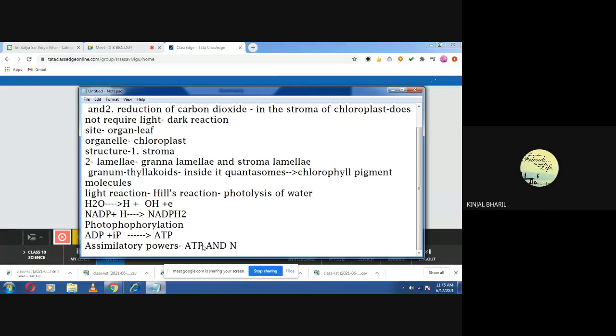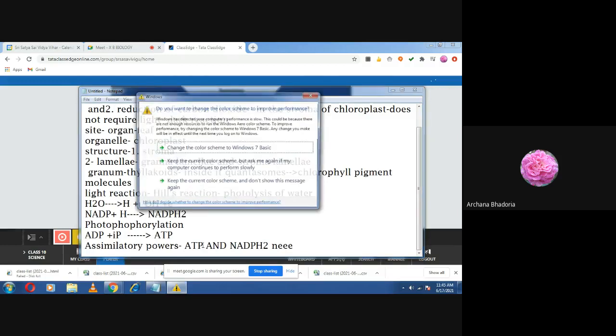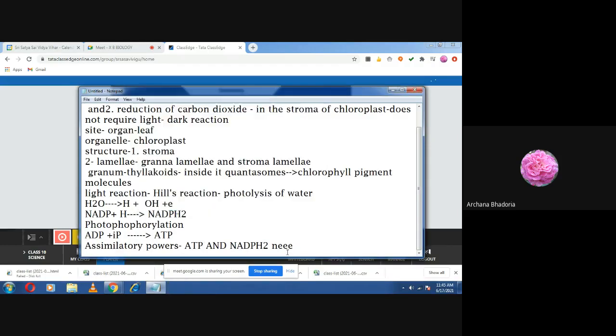ATP and NADPH2, and they will be needed in dark reaction. So when I say needed in dark reaction, means they will be needed for which process? Reduction of carbon dioxide. Very good. So I hope this much is very clear. Reduction we'll do it later.